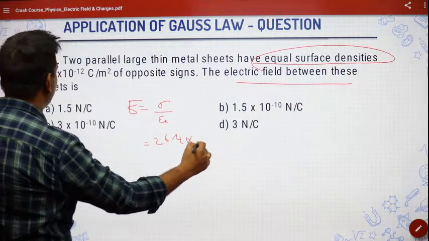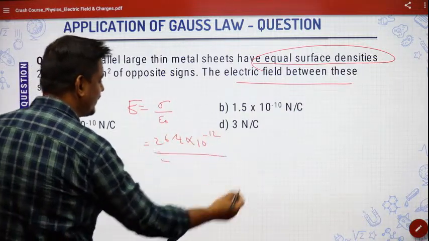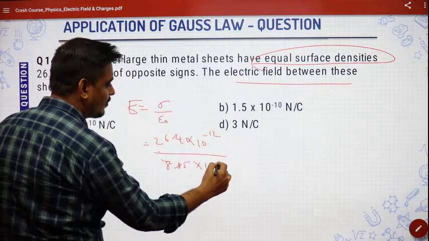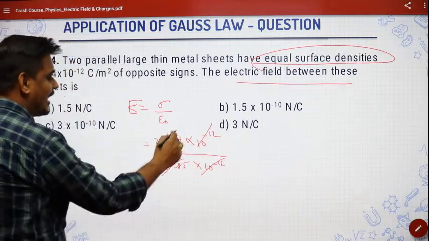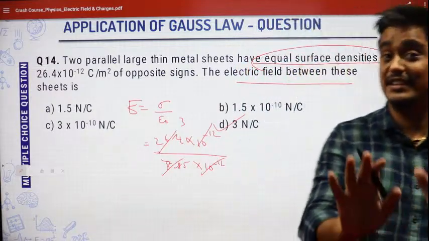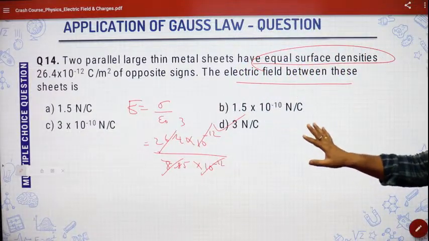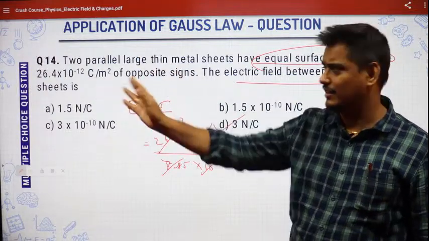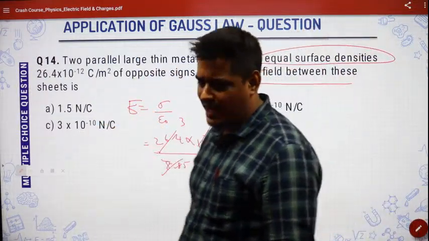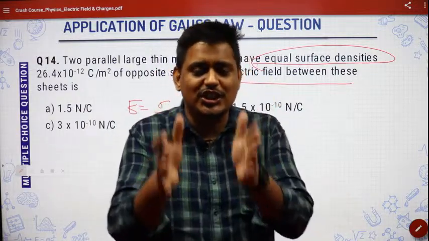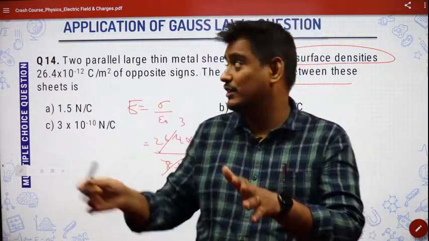Sigma is given as 26.4 times 10 to the power minus 12, and we know very well that epsilon naught is 8.85 times 10 to the power minus 12. These two will get cancelled, approximately 3 times. This is the answer. Done. See how simple the question is. If you know this concept, the previous slide, I taught you that the electric field between two charged plates, that is dissimilar, opposite signs they have given here.